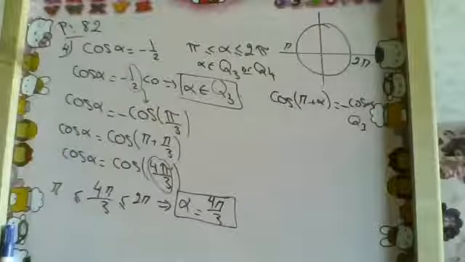Part 5, we have tangent alpha is equal to 1 and alpha between negative pi over 2 and pi over 2.